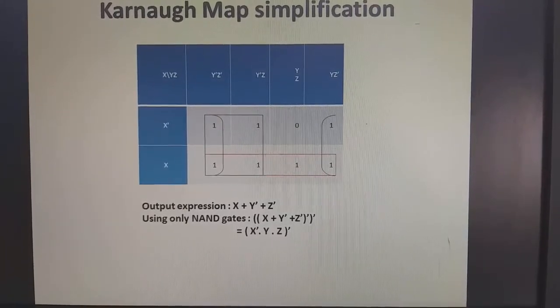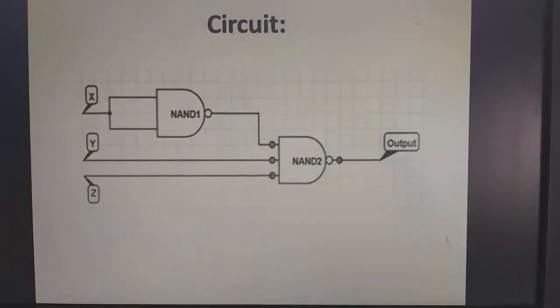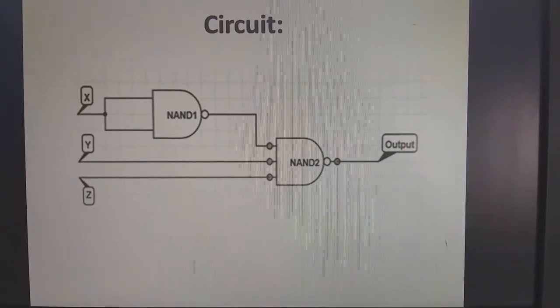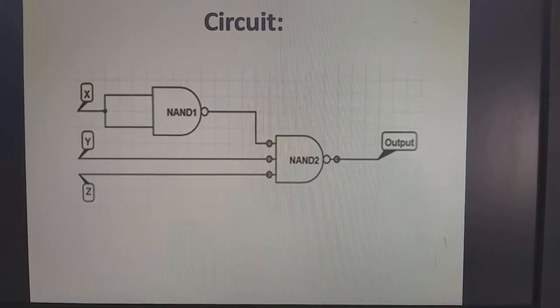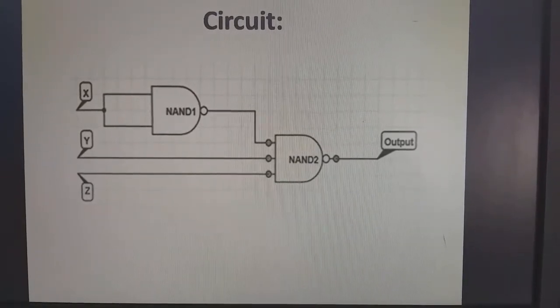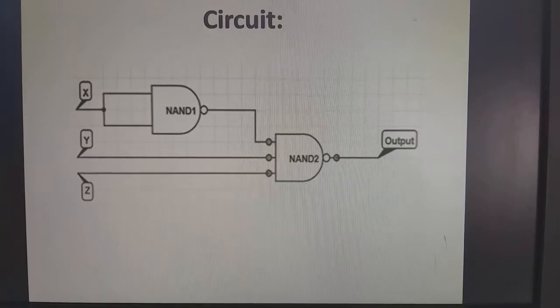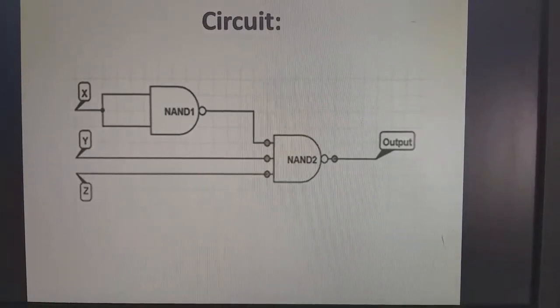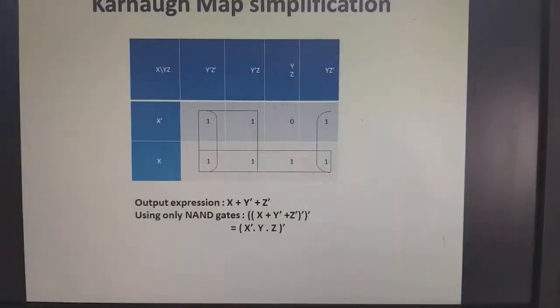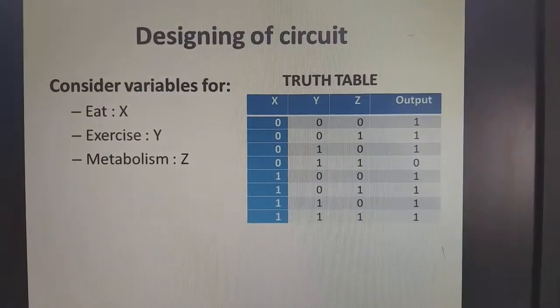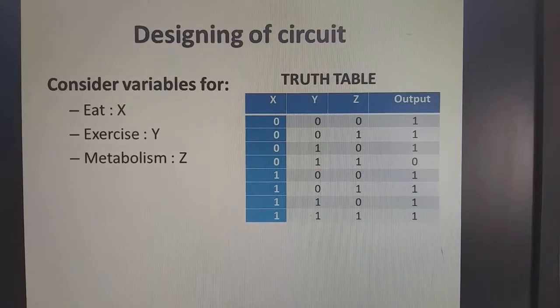So this is the expression to be implemented, and the corresponding circuit will be like this. So x going to a NAND gate, you will get x complement, then y, z and x complement are taken through a 3 input NAND gate, that is NAND gate 2, and the corresponding output. So we are going to realize the circuit. After realizing the circuit, you are supposed to satisfy this truth table. Fine. So let us conduct the experiment now.